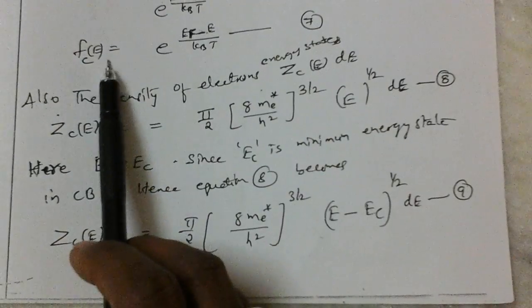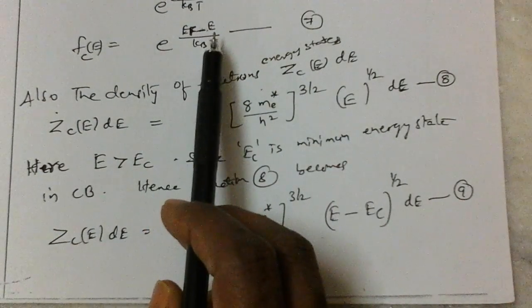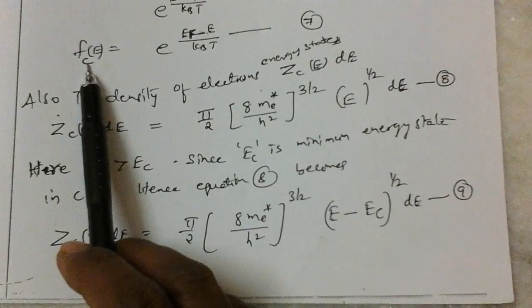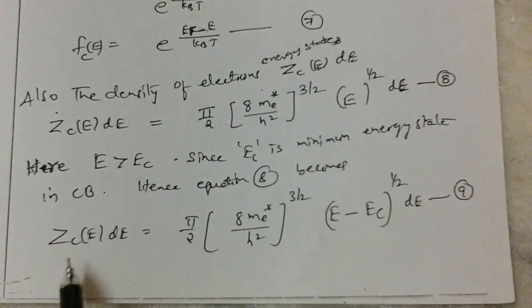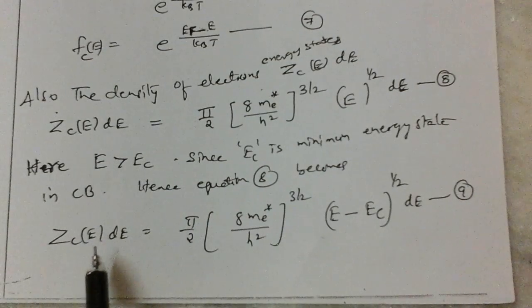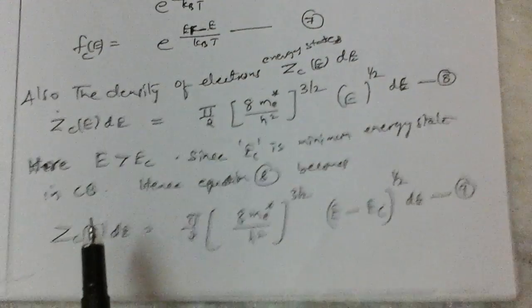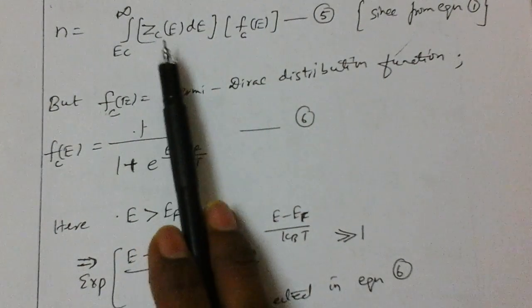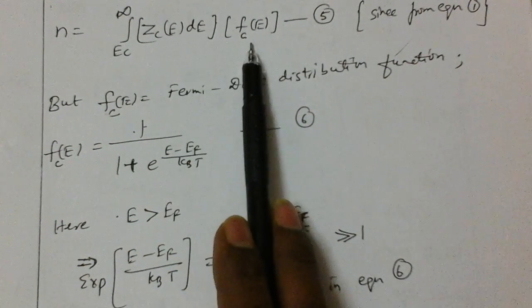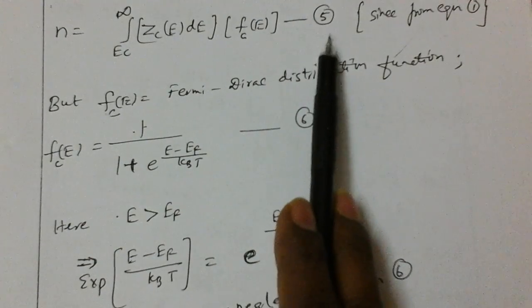Z F_C(E), the Fermi-Dirac distribution function f(E), and the energy density Z_C(E) dE value, we are substituting in the fifth equation.